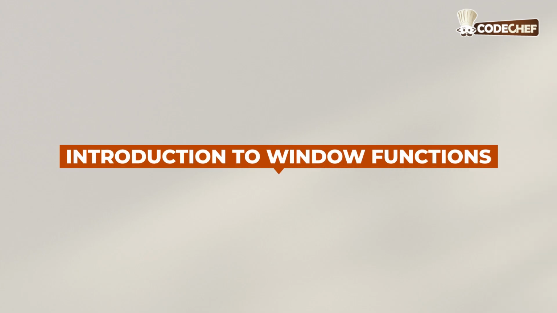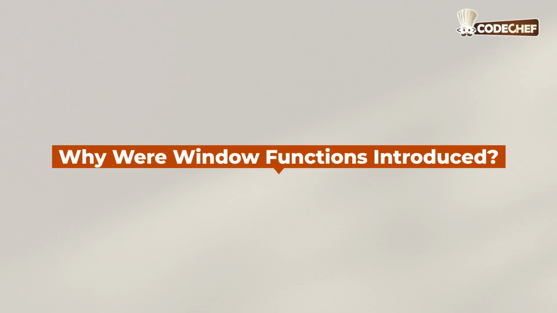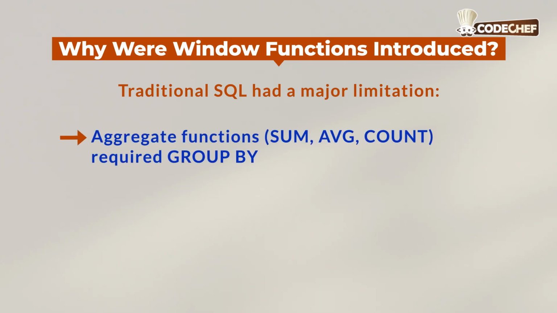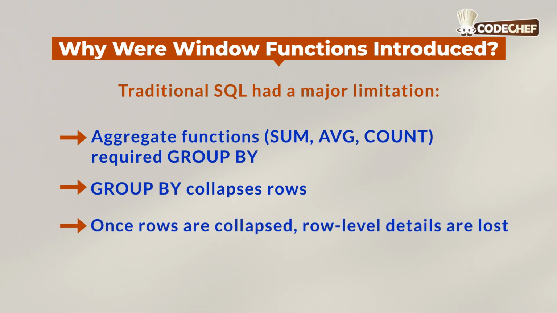Introduction to window functions. Why were window functions introduced? Traditional SQL had a major limitation: aggregate functions like SUM, AVG, COUNT required GROUP BY. GROUP BY has certain problems: it collapses rows, and once the rows are collapsed, row level details are lost.